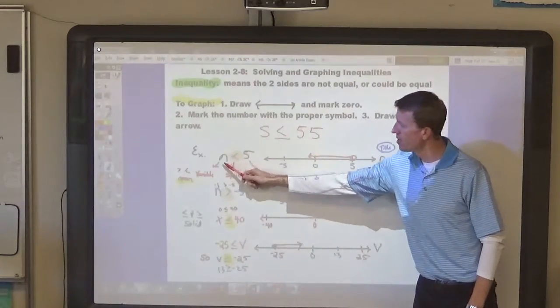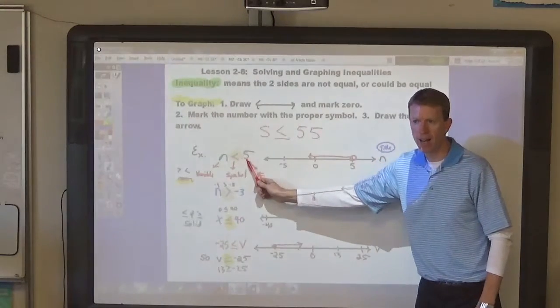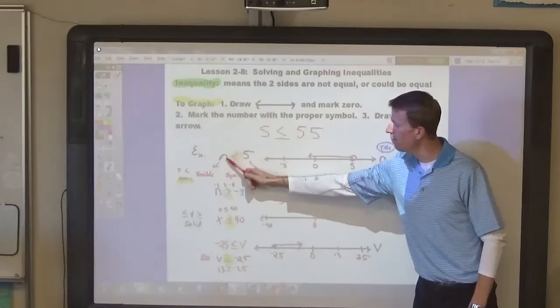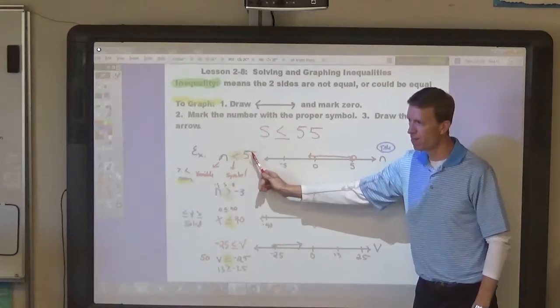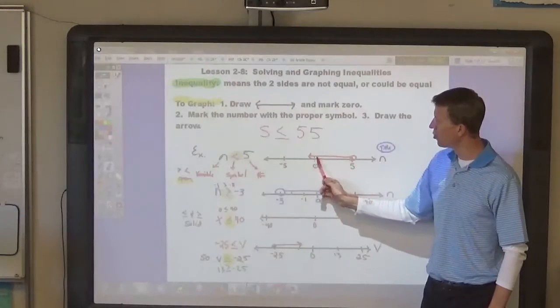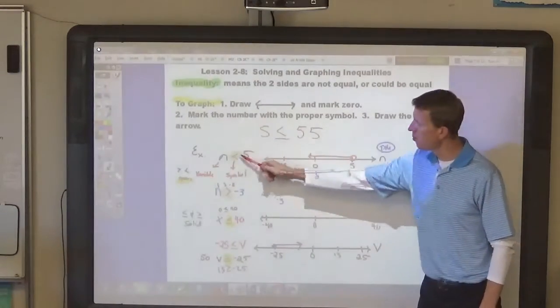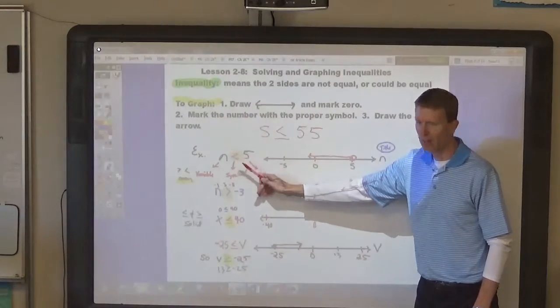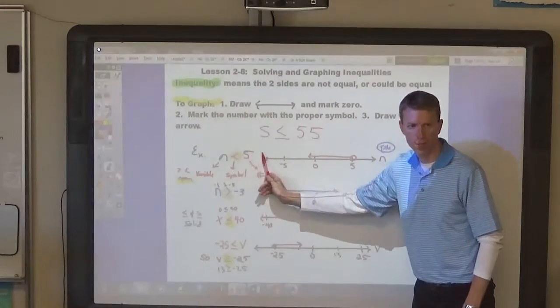Okay? So this says n is less than 5, and it's pointing to the left. The variable is written first, n is less than 5, and we can draw the line in the same direction as this symbol is pointing. And that's true whenever the variable is written first.